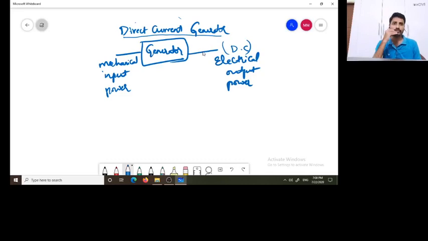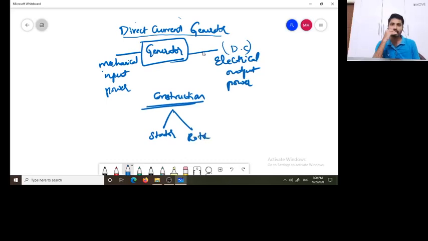Now we will discuss the construction of a DC generator. In terms of construction, every rotating machine consists of two parts. One is called a stator, the second is called a rotor.